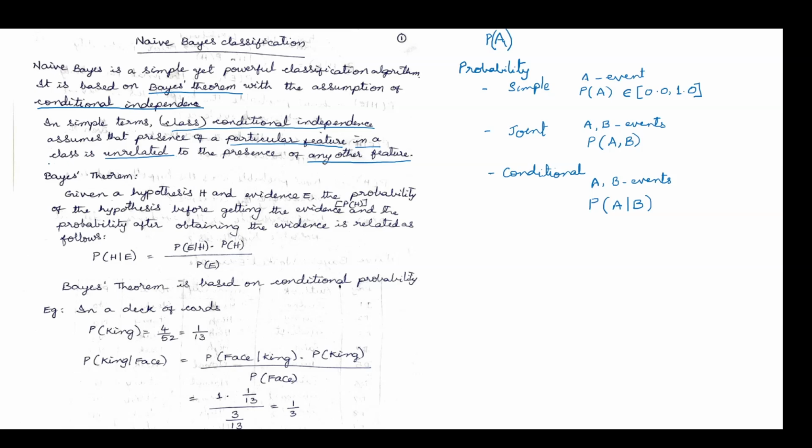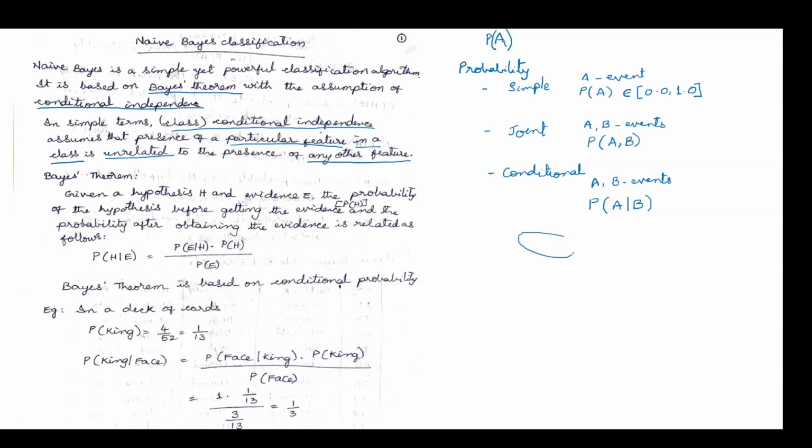So if there are several class labels, for a given class label, the presence of one feature is independent of the other. Suppose we have a data set studying the effects of COVID.